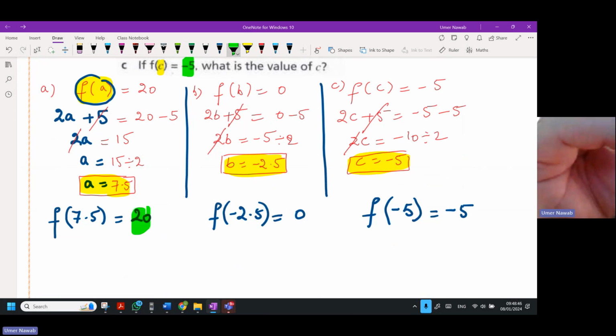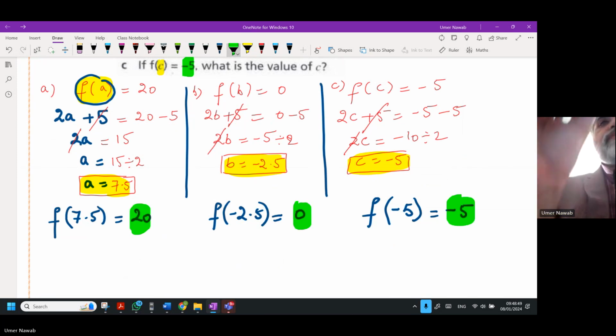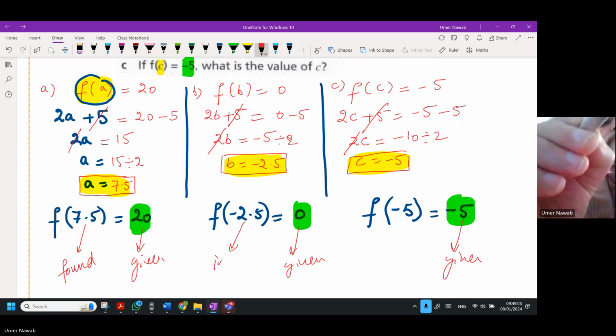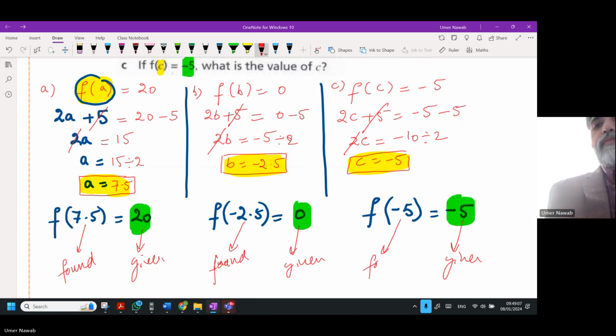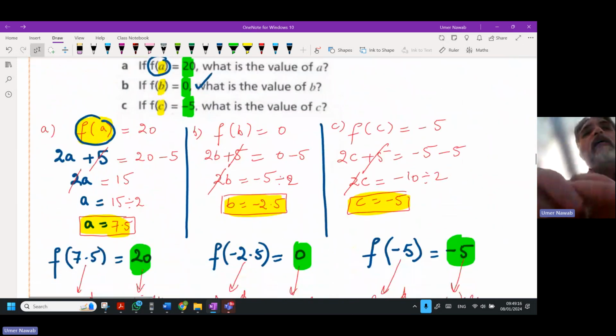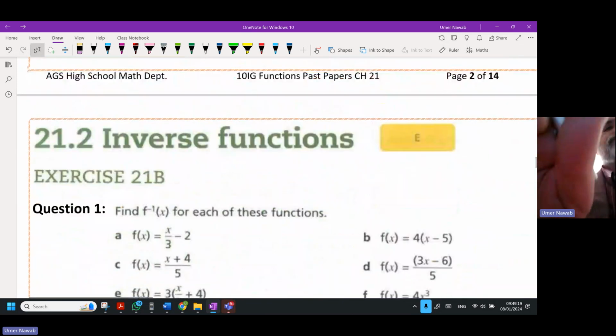So the outputs were given, and you found your inputs. Clear? So guys, both types of questions we discussed: when input is given, how to find the output, and when the output is given, how to find the input.